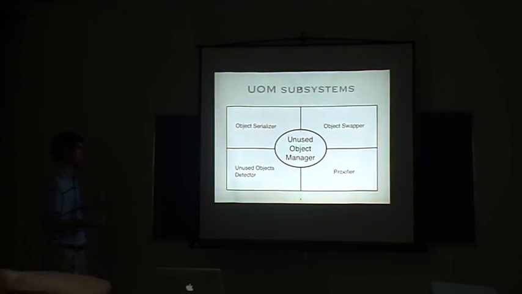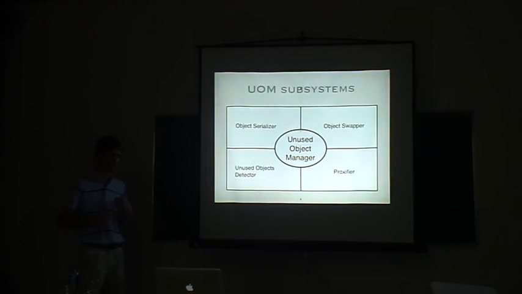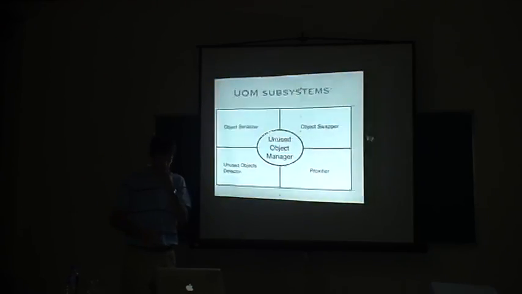And then there could be more in the future, but there is a tool to automatically detect an unused object, so that then we can know which object to swap. So this is basically a division that we found. It's not extremely strict in design or in code, but there is a responsibility we found in the manager.